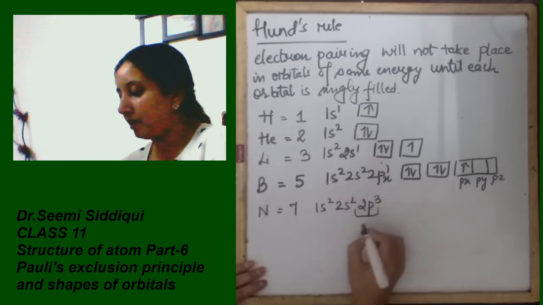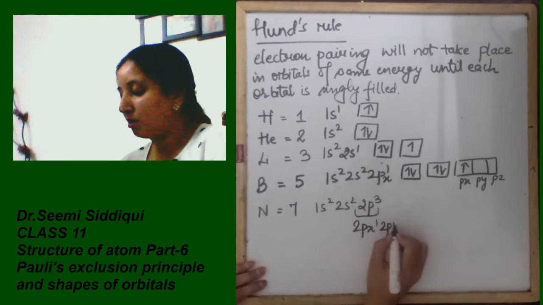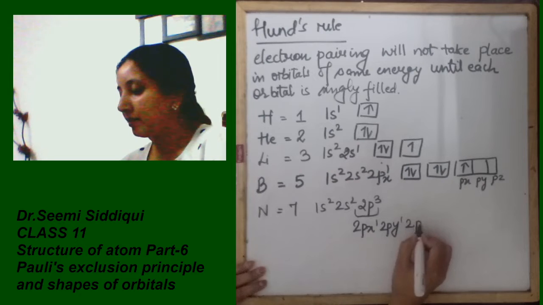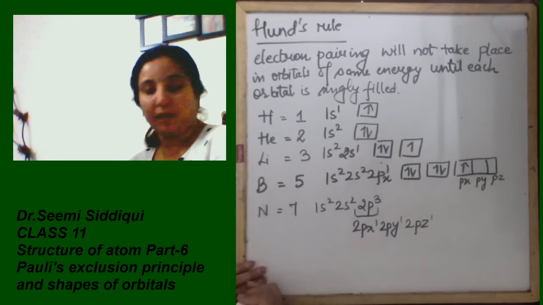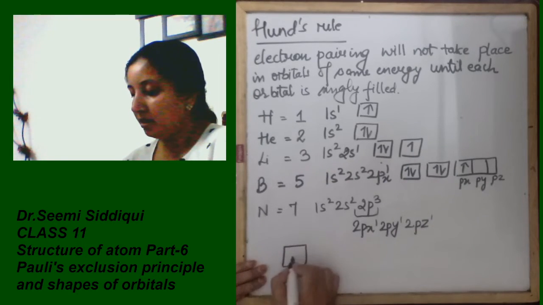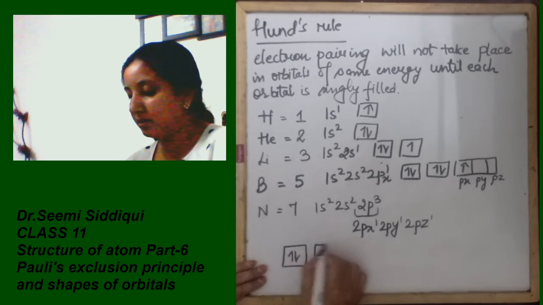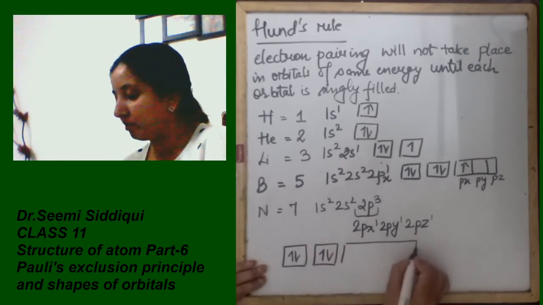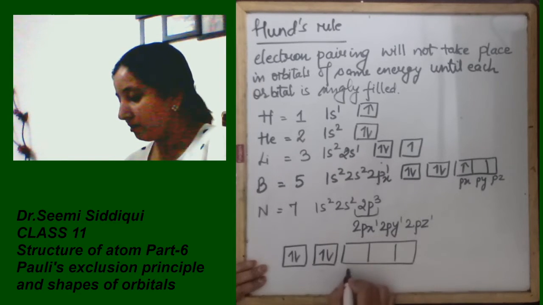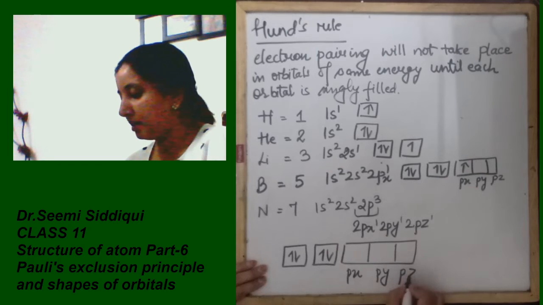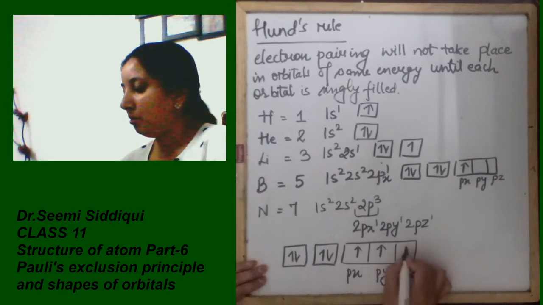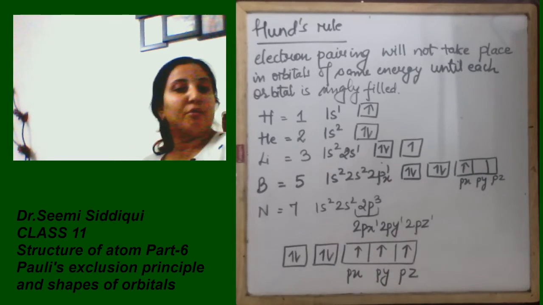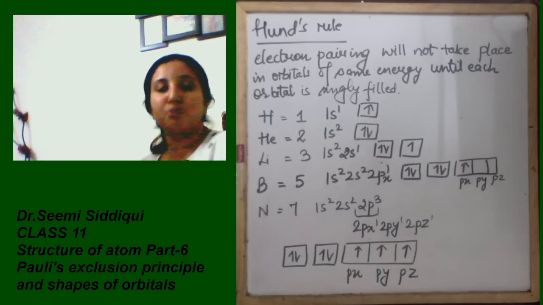Meantime what we are going to use here, 2px1, 2py1, 2pz1. Let's show them, 1s, 2s, and in the case of the px, py and pz. Now here comes your Aufbau principle, sorry, Hund's rule.